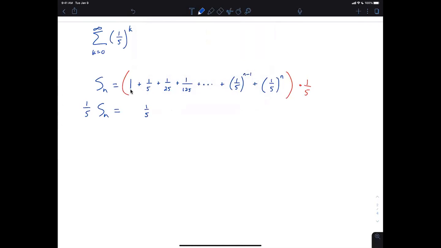So 1/5 times 1 is 1/5. 1/5 times 1/5 is 1/25. I'm writing it under here because it matches that one, but this comes from this one. Does that make sense? And then 1/5 times 1/25 is 1/125. 1/5 times 1/125 is 1/625.